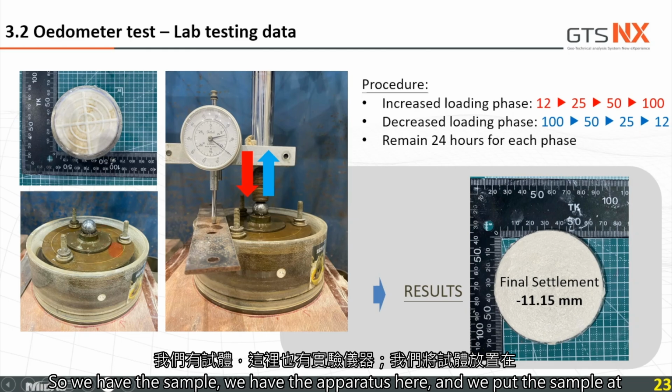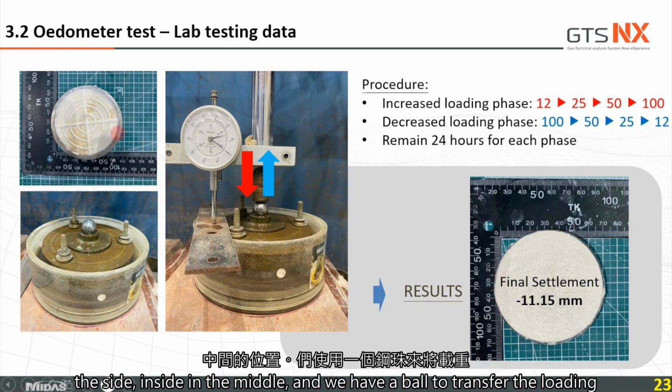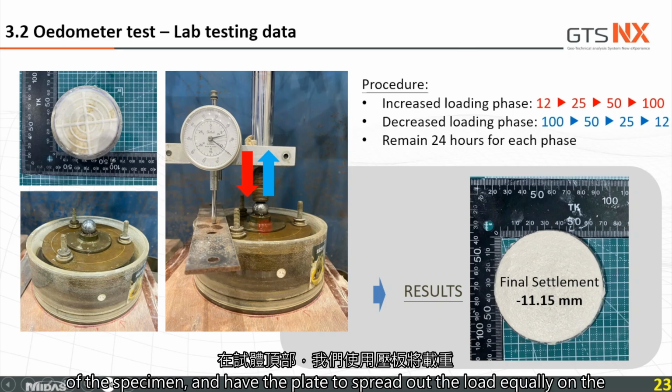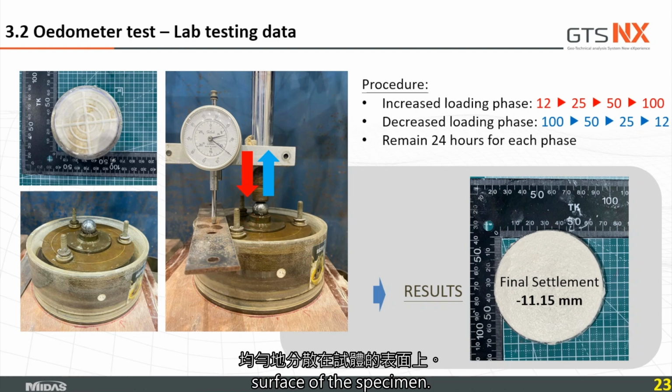So we have the sample, we have the apparatus here, and we put the sample inside in the middle, and we have a ball to transfer the loading vertically to the top of the specimen and have the plate to spread the load equally on the surface of the specimen.